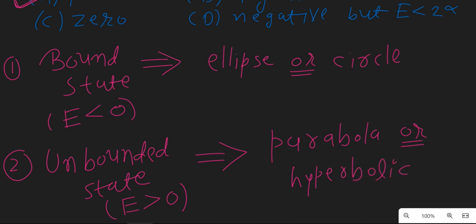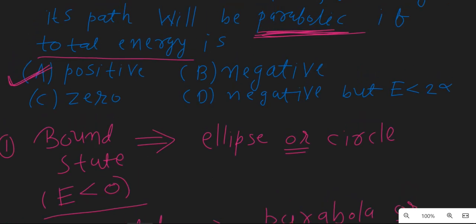So this is a very interesting concept about shape. For an ellipse or circle, energy is negative, and for a parabola, the energy is positive. So here you are given a parabola, so your correct option will be positive energy.